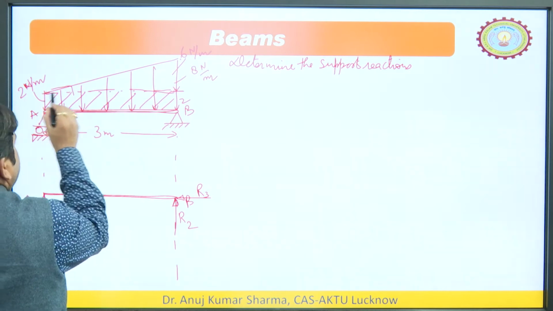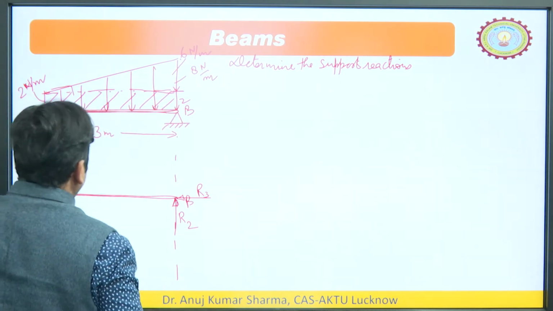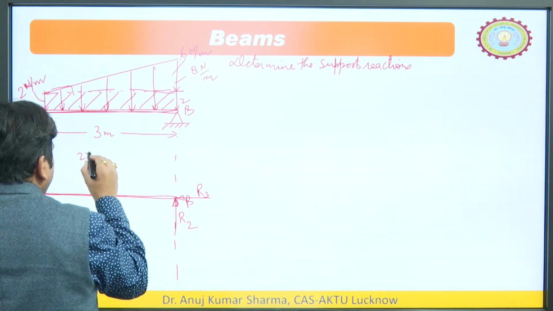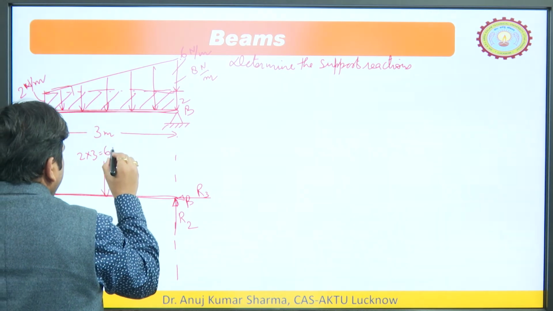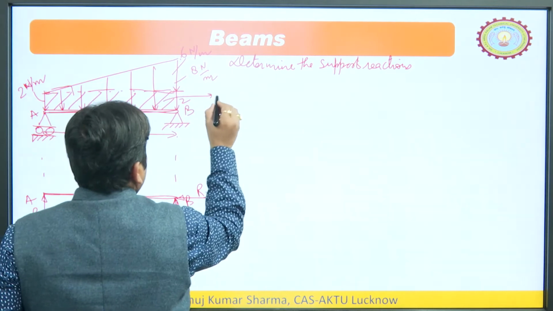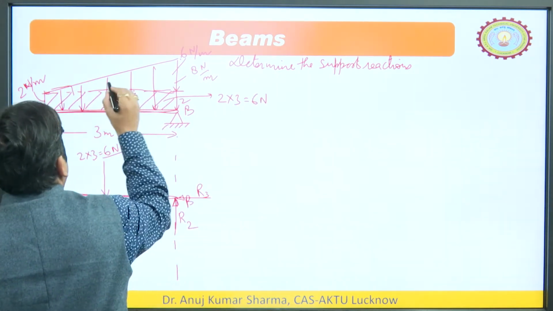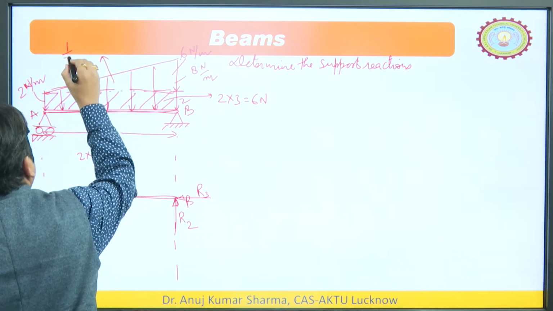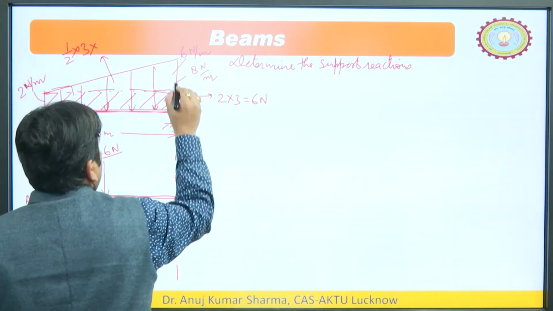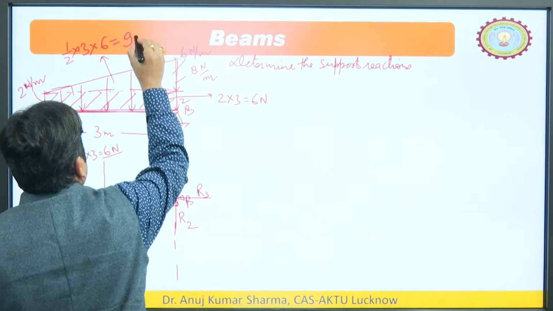So, first take this UDL. Intensity is 2, length is 3. So, total load would be how much? 2 into 3 is equal to 6 Newton. And the value of this triangle is half into base 3 into height 6, so 18 by 2 is 9 Newton.